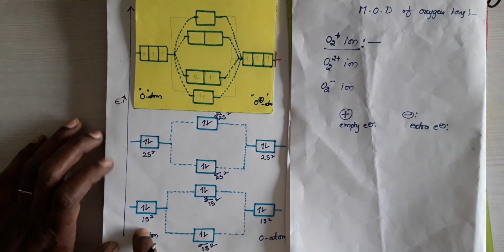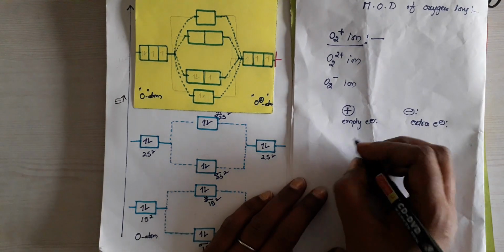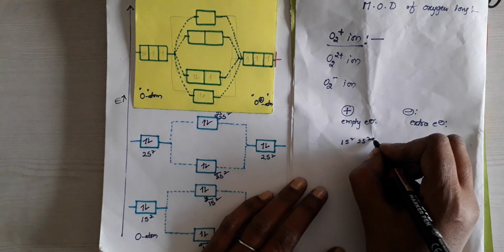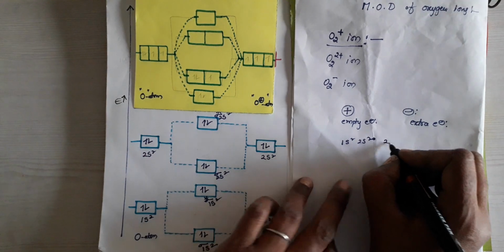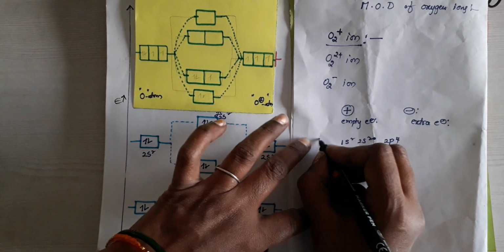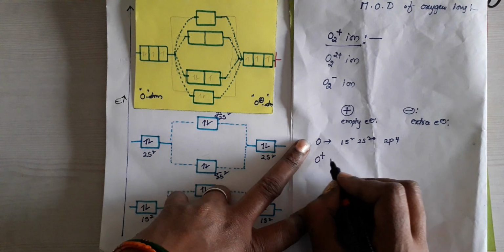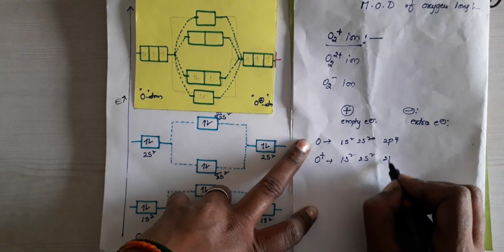See here, what is the electronic configuration? For normal oxygen it is 1s2 2s2 2p4, but for O plus it is 1s2 2s2 2p3.